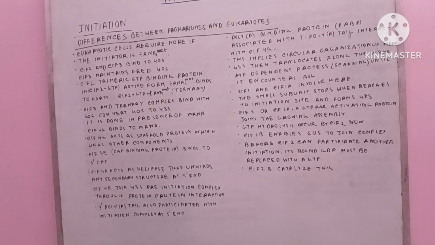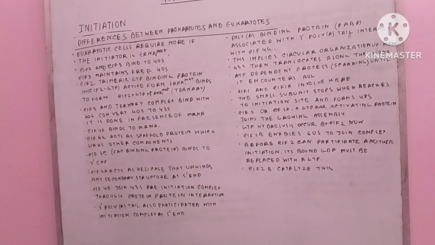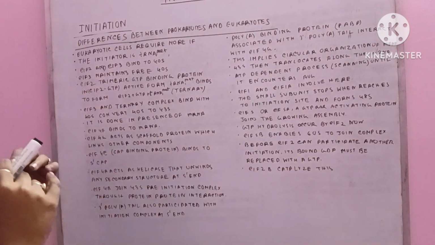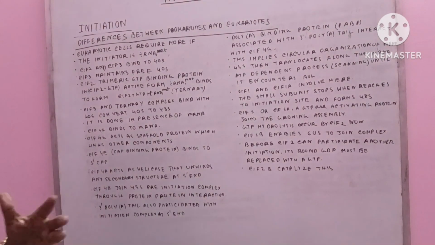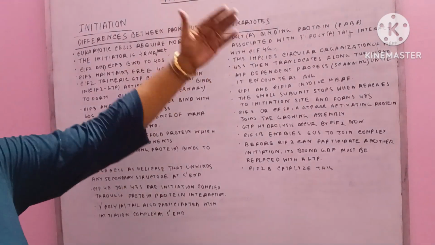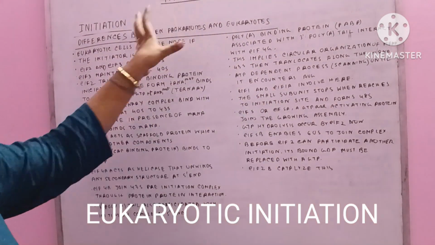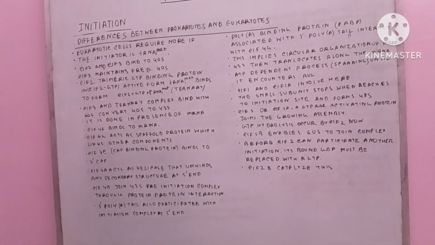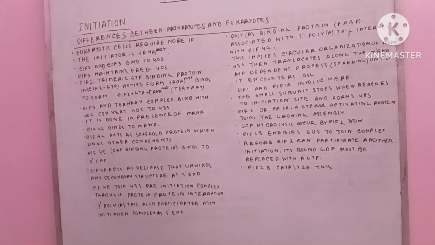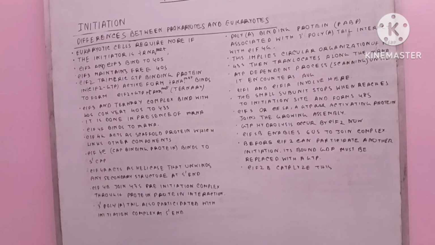I am just trying to explain the eukaryotic initiation process in a very simple way. I have written the steps here clearly. If I described this process elaborately, the steps are so many that you could not understand properly.